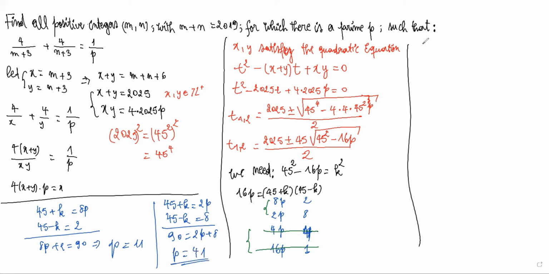Now, if p equals 11, you get t1, t2 by putting p equals 11 into this quadratic equation.